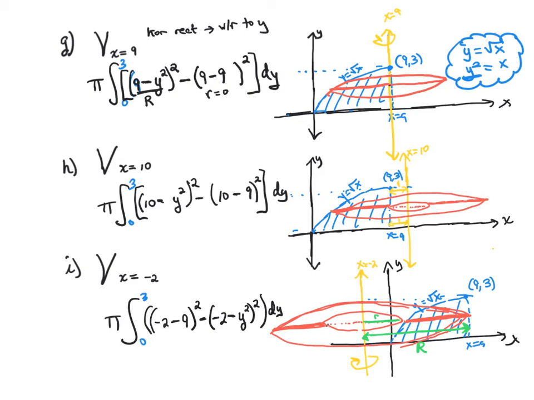And then finally, to get the inner radius, we have to take into account this horizontal distance, minus the -2. So we could even represent that as y squared plus 2 squared, which, of course, would take care of the second piece.